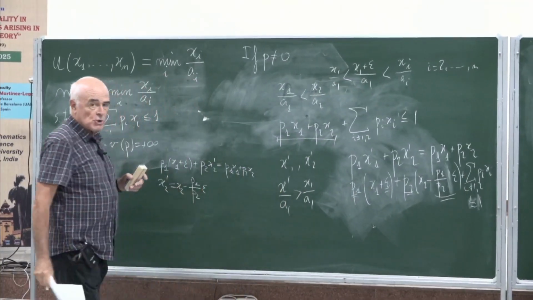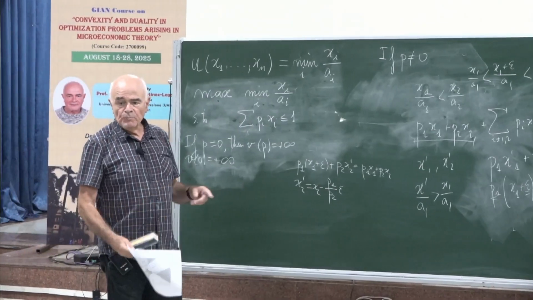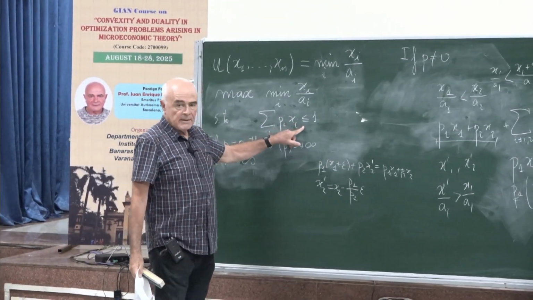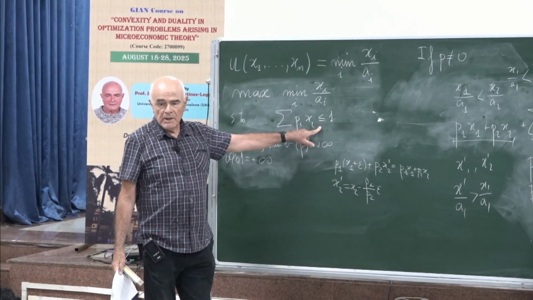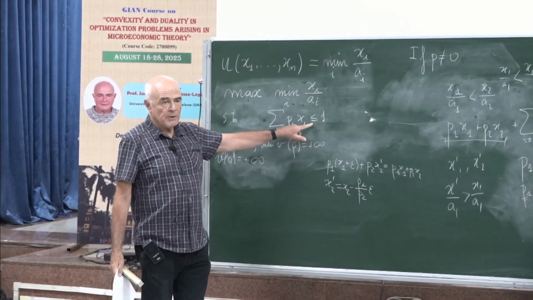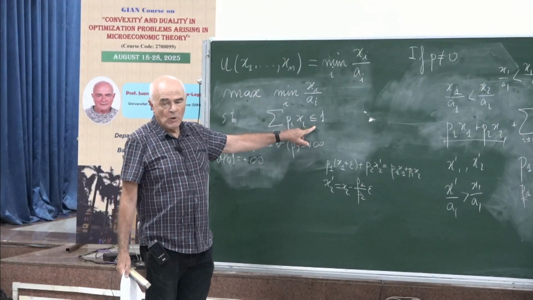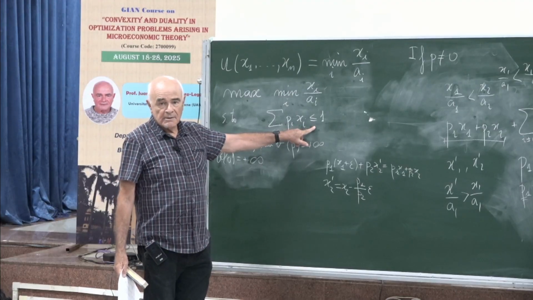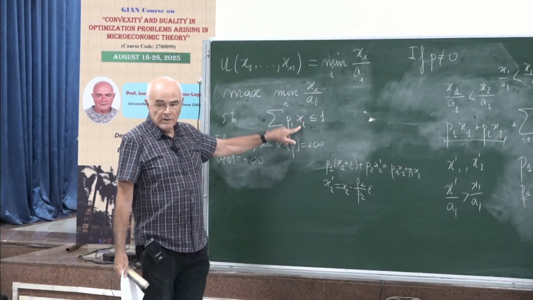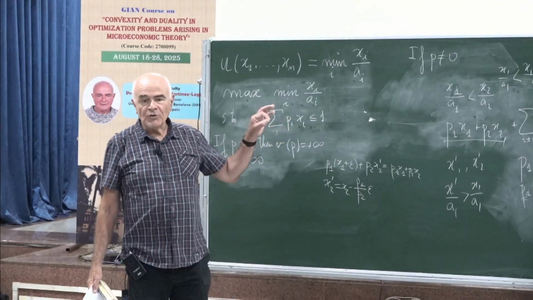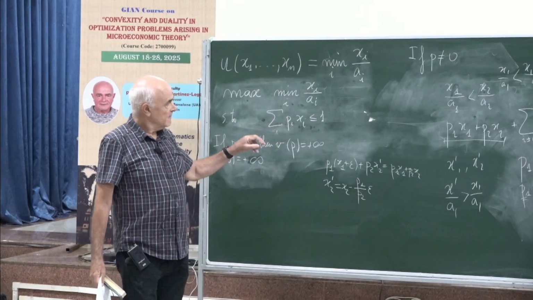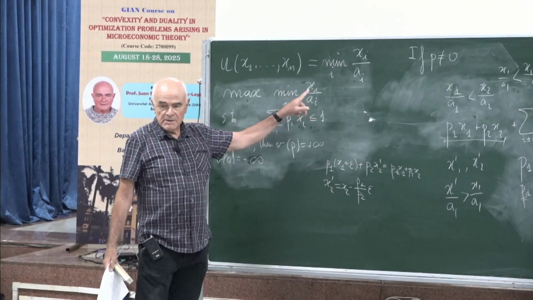Something which is also obvious is that the constraint should be active at an optimal point. Okay, because if at an optimal point you have a strict inequality, then you still have money to buy more, and then you buy a little bit of each ingredient, and then the minimum would increase.